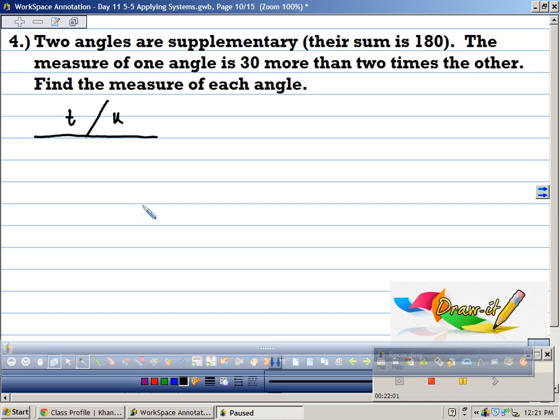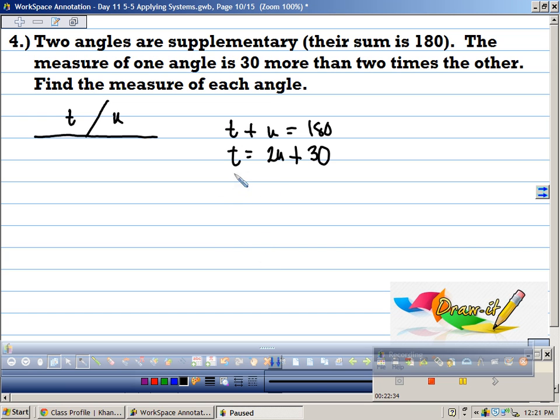All right, T and U. What about angles T and U? Their sum is 180. Good. T plus U equals 180. The measure of one of them is 30 more than 2 times the other. How would I write that? T equals 2 U's plus 30.